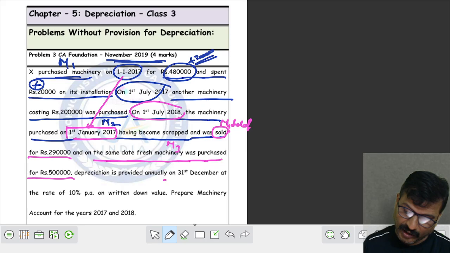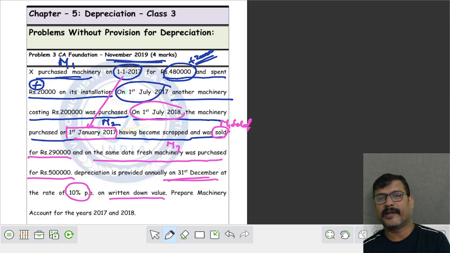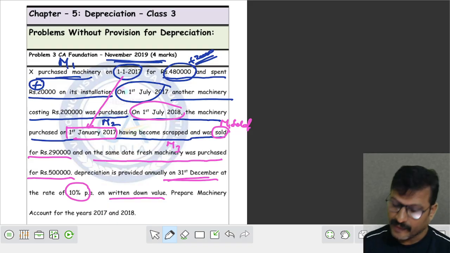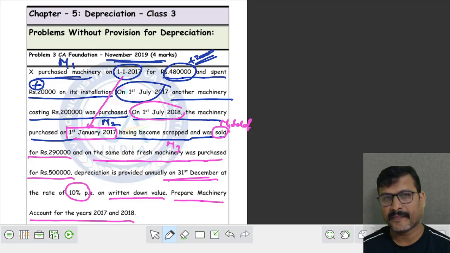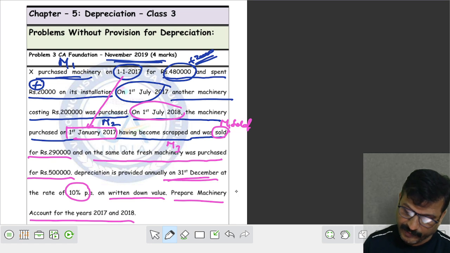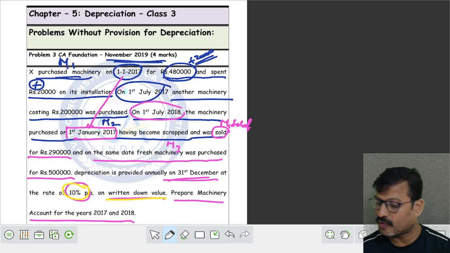Depreciation is provided on 31st December every year at the rate of 10% per annum under the written down value method. What we have to do? We have to prepare the machinery account for 17 and 18. Now let us start the solution, my dear children. Here the depreciation is 10% under which method? Written down value method.